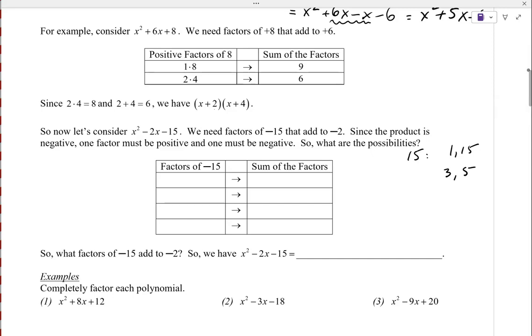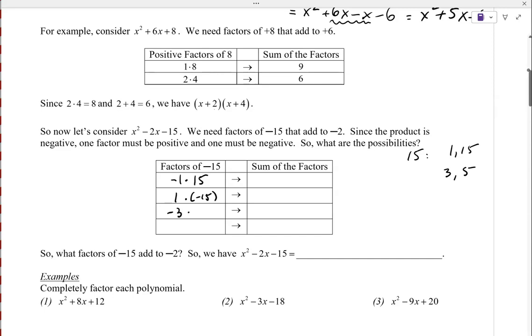For multiplying. But notice that we have to end up with a minus 15, right? In order to be a minus 15 when I multiply, 1 has to be positive, 1 has to be negative, right? But I don't know to start with which one's which. Okay, so that's why we've got 4 lines here. So we could do -1 times +15. We could do 1 times -15.